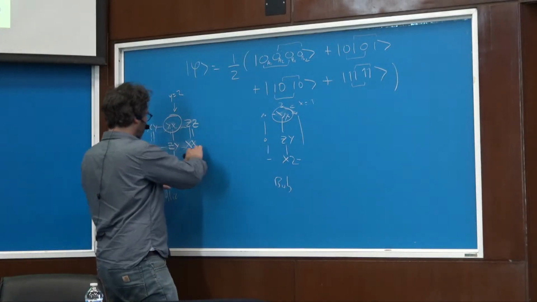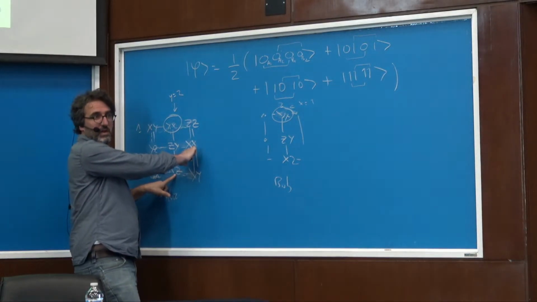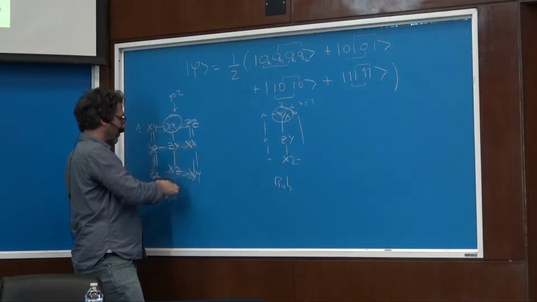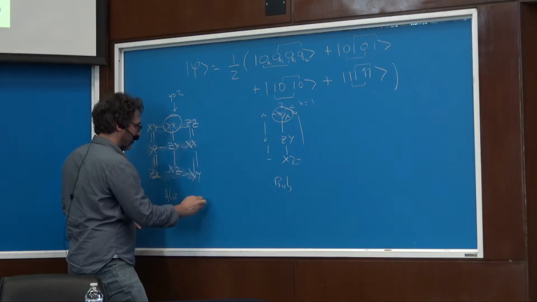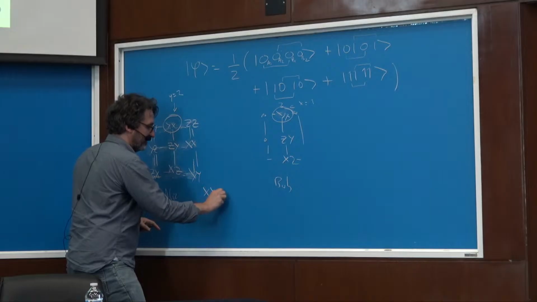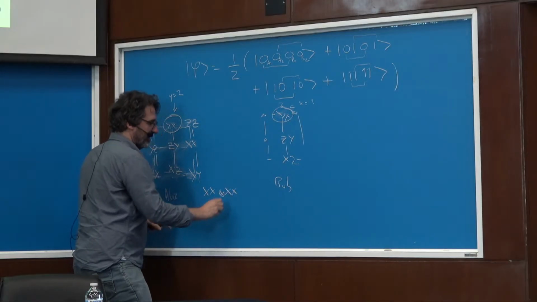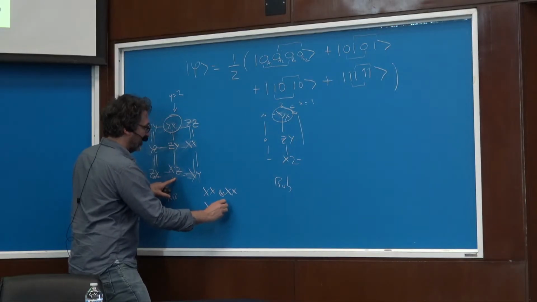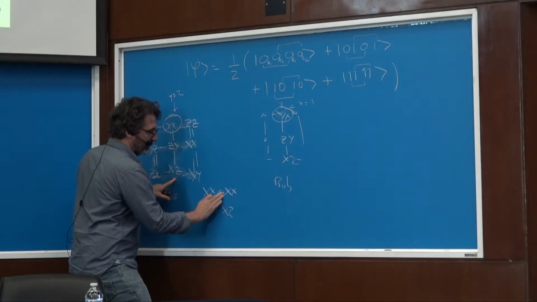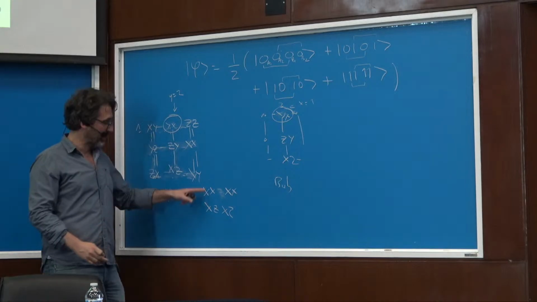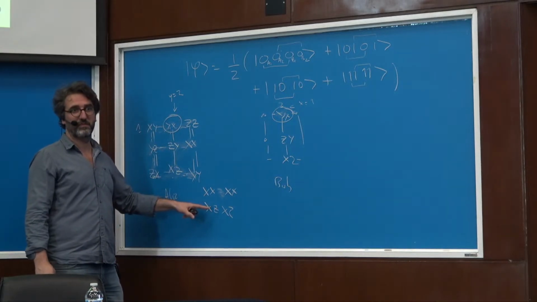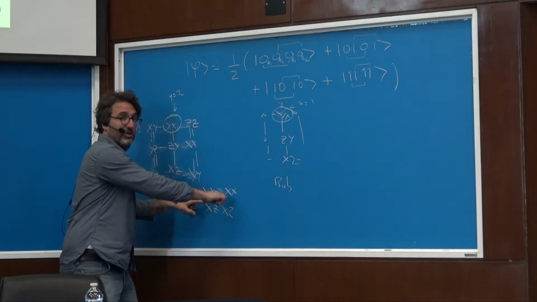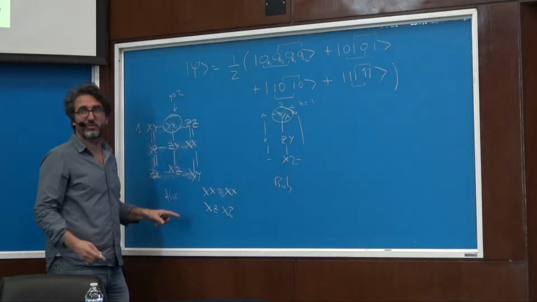Because remember, these two didn't commute. But if you double them, so if you take these two, you have xx, and I do tensor xx to have a 4-qubit observable, and here I have xz, and now I take tensor xz to have a 4-qubit observable. Now these two observables commute, because these two do not commute, but if you double them, they commute.